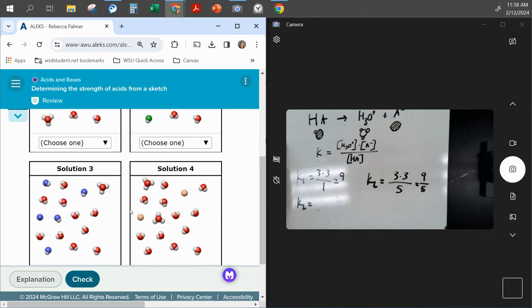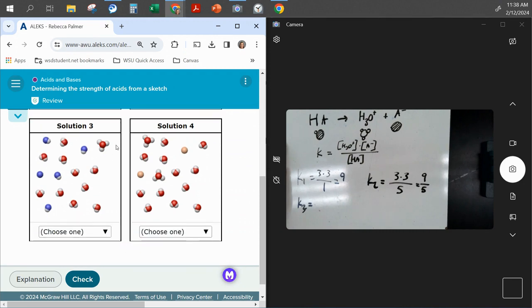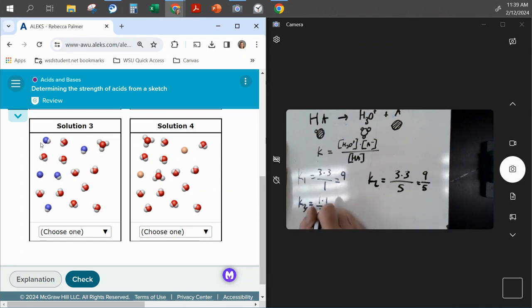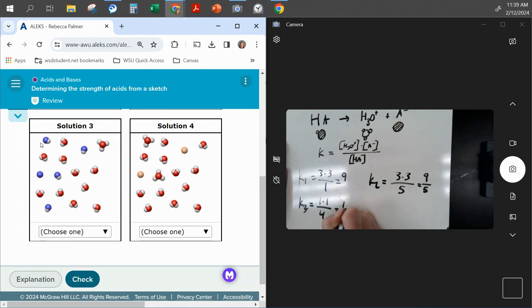K3, solution 3. So look for hydronium, 1, times the number of conjugate base without the hydrogen, 1. That's good to match. Then we count the original acid with hydrogen, 1, 2, 3, 4. So that's 1 over 4.